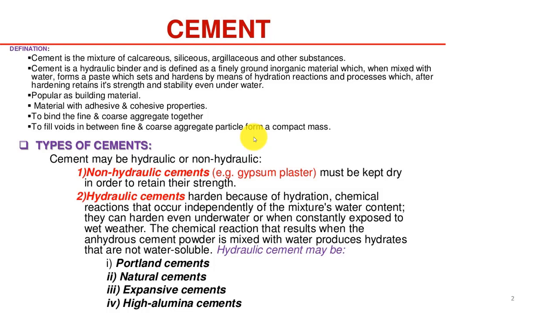Then you combine these calcareous and argillaceous materials and grind it, and then you fuse that material at a higher temperature of about 1450 degrees Celsius, so that these materials can gain sintering. After the grinding process, the material is converted into small ball-like shapes known as clinkers.